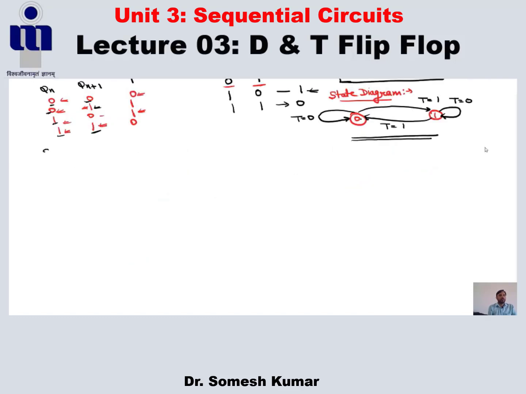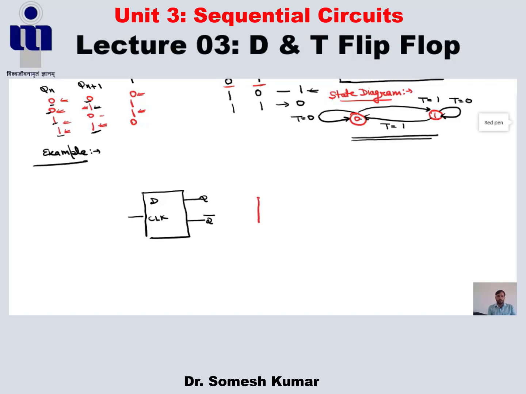Now I am taking one example based on these D and T flip-flops. This is one of our sequential circuits. This is D and this is the clock. And this is Q, this is Q bar.